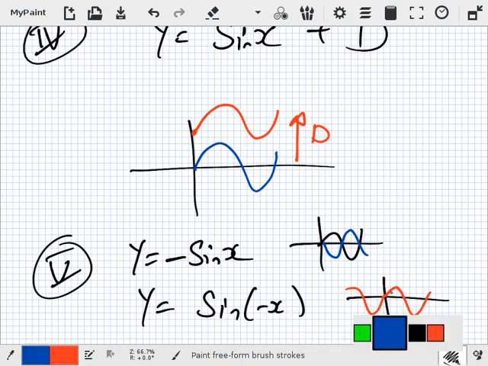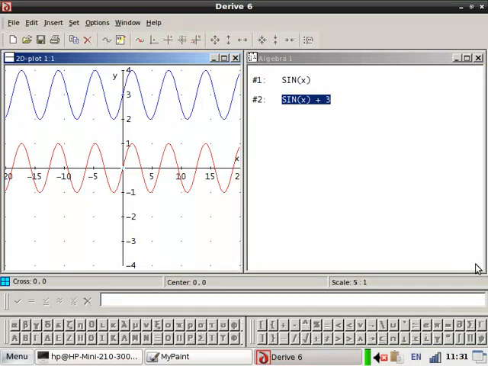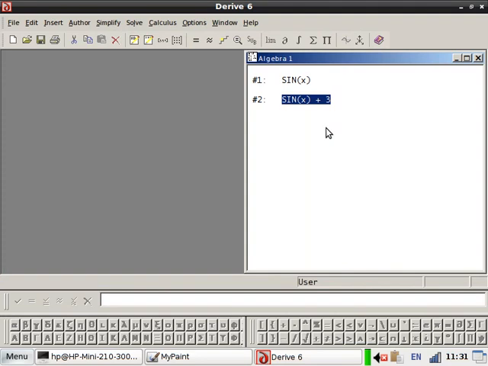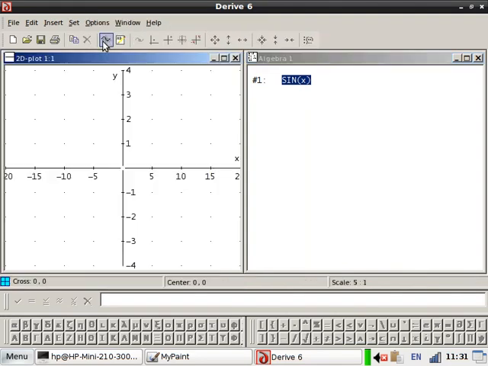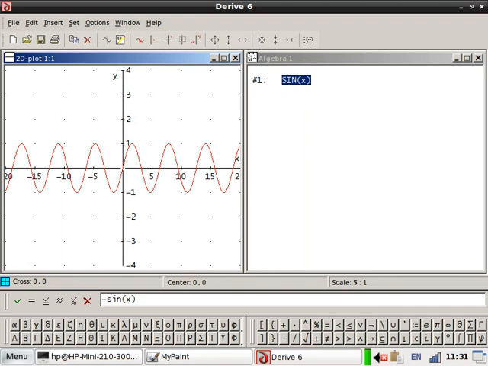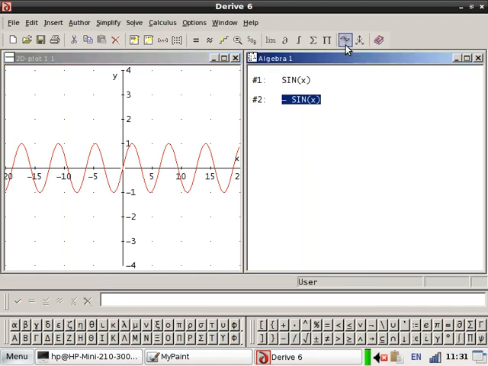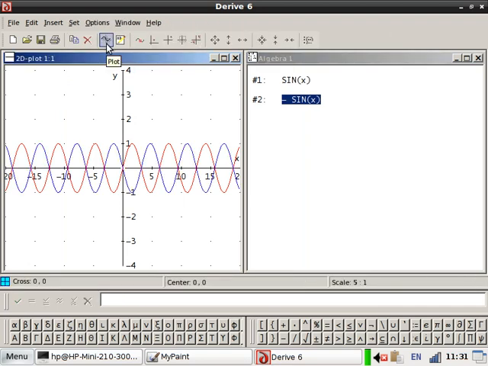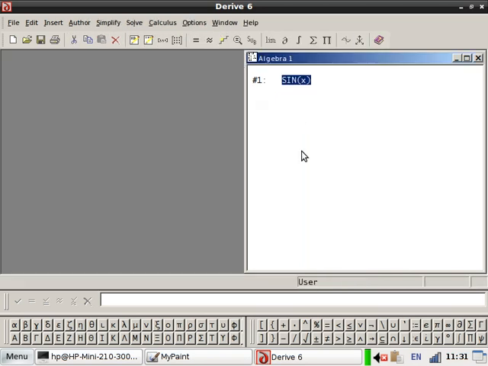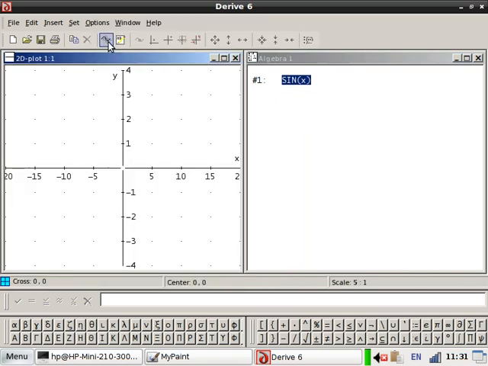So it's like this. I'll try and show you here. Watch. Right, there's sine x. Now here's minus sine x. And then there's sine x. And then here's sine of minus x.